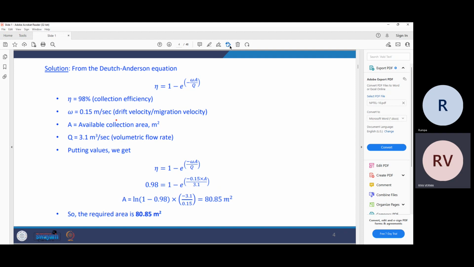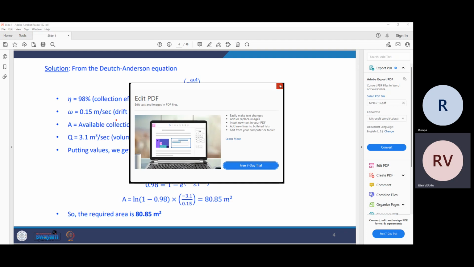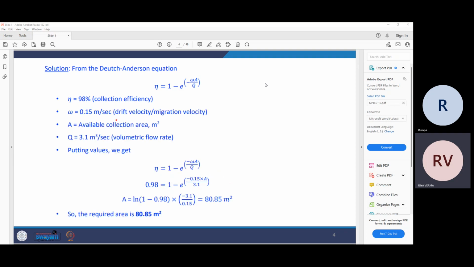Sorry. PDF. Just let it be. Anyway, I'll just highlight this one, the equation you're seeing now.